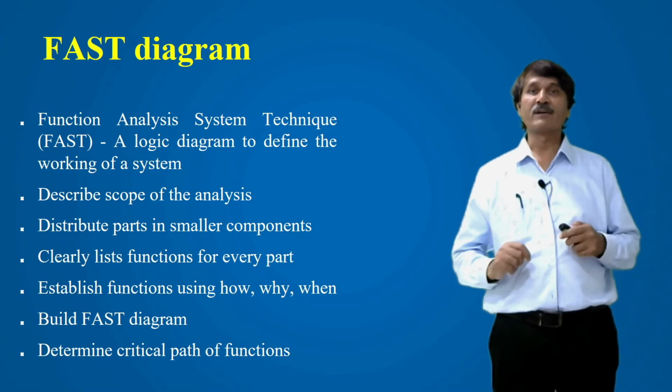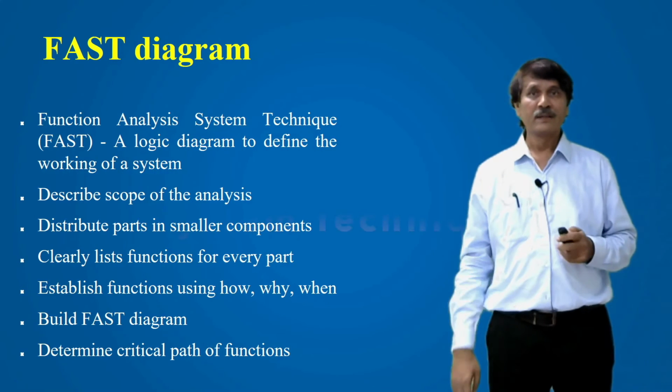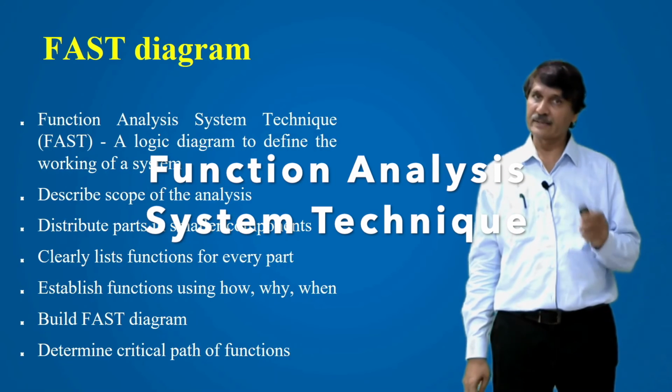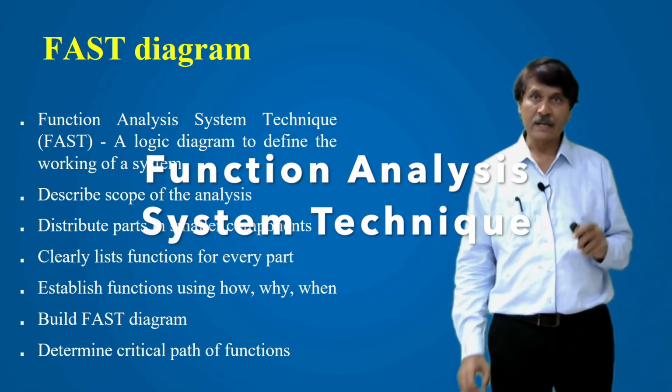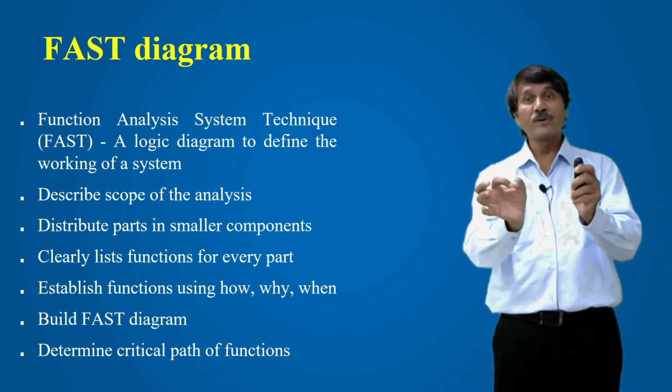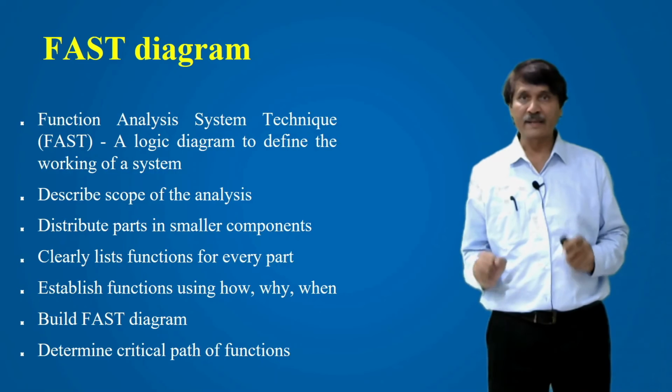For that we have a FAST diagram. That is, what is a FAST diagram? It is Function Analysis System Technique. This is known as the FAST diagram, and this FAST diagram defines in what way the working of a system is going to be carried out.